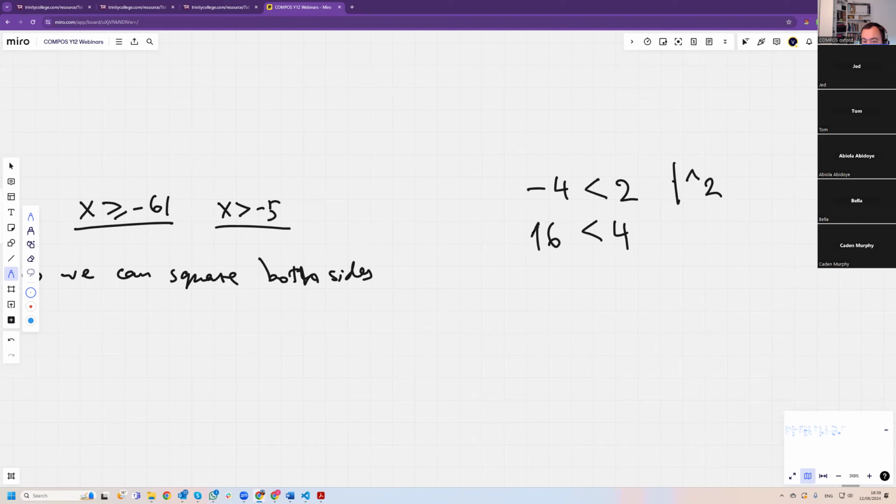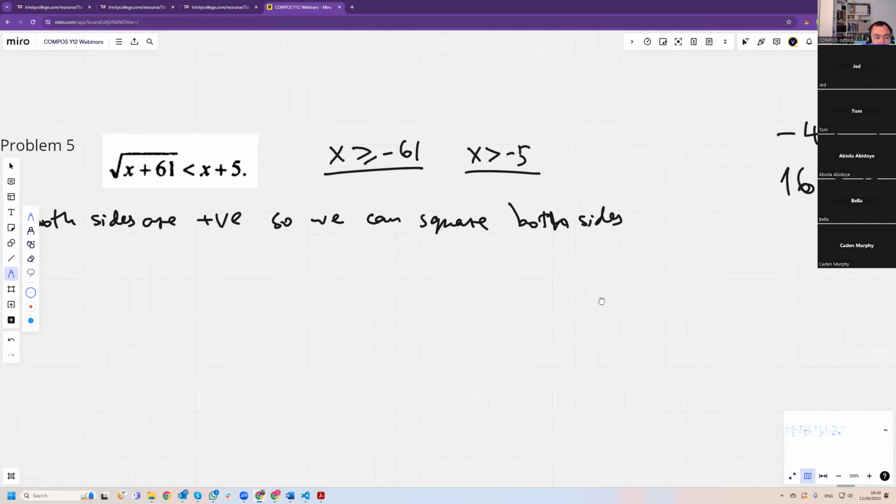Okay? So that's just wrong. Okay? So you can only square an inequality if both sides are positive. Right, I hope that makes sense.